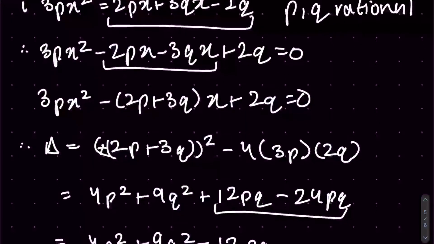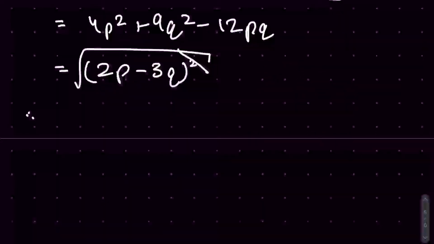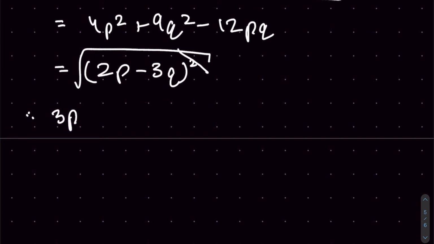Now this was the first method. The second method involves the same process in general, just factorizing the equation and then calculating the roots. So we have started with 3px squared equals 2px plus 3qx minus 2q.